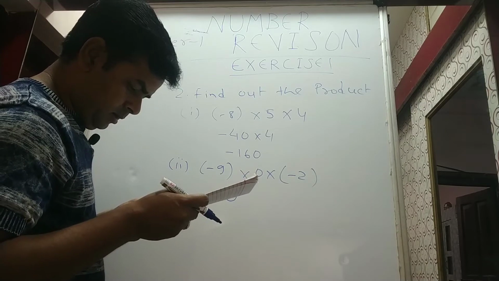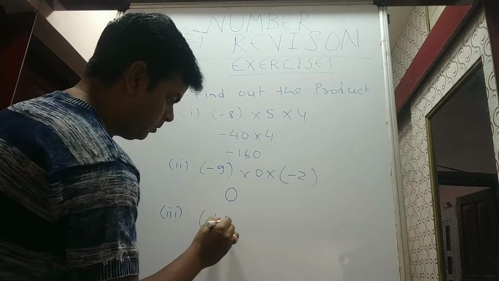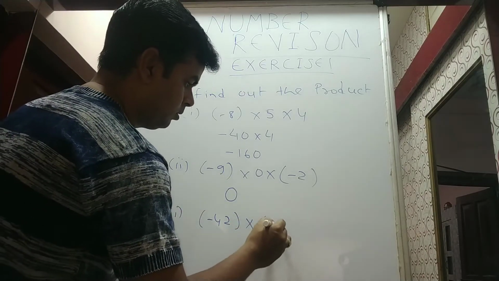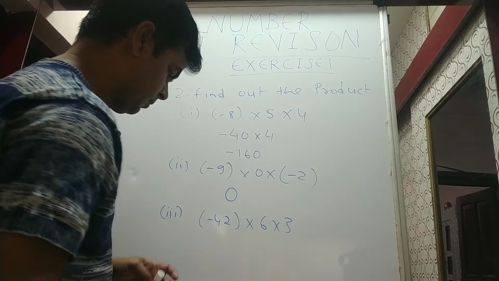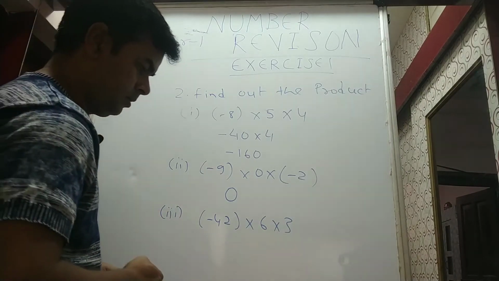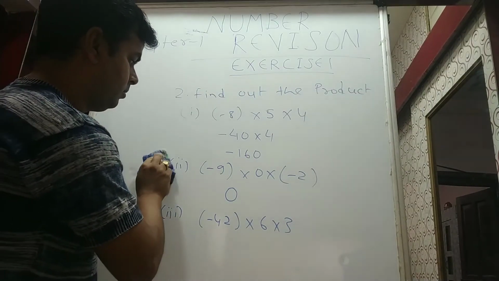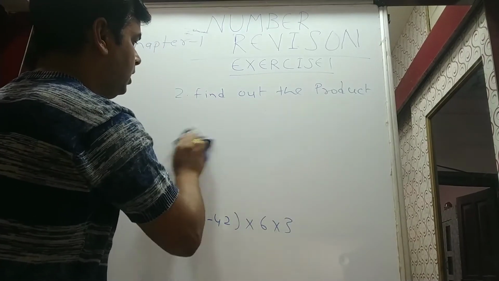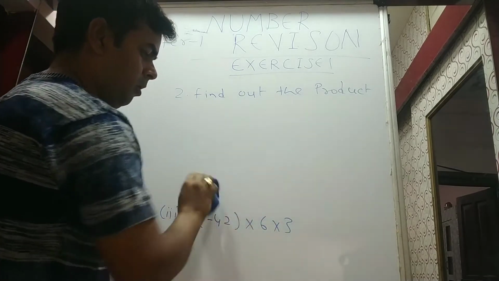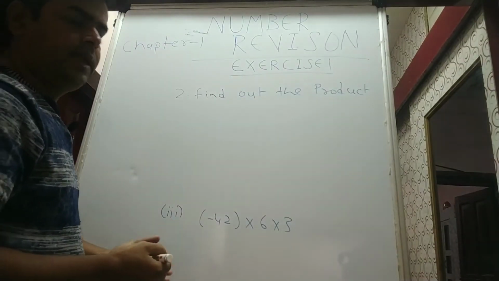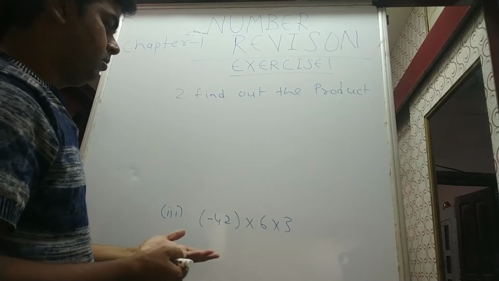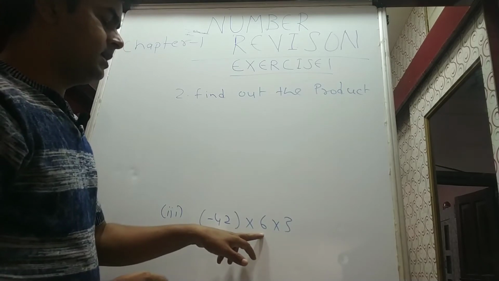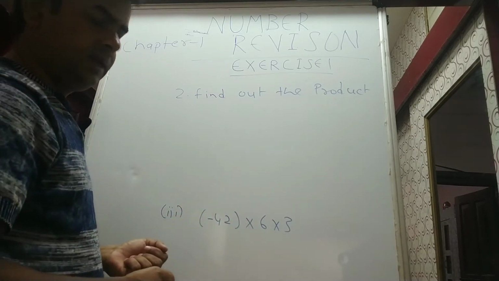Third, minus 42 into 6 into 3. Now, I would like to tell you a property of integers. As we know, all the negative, positive and 0 numbers are integers. If you multiply 42 with this 6, this may take time for you, right?